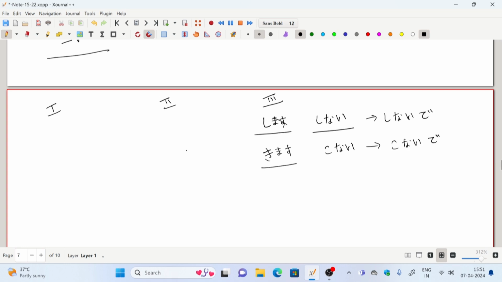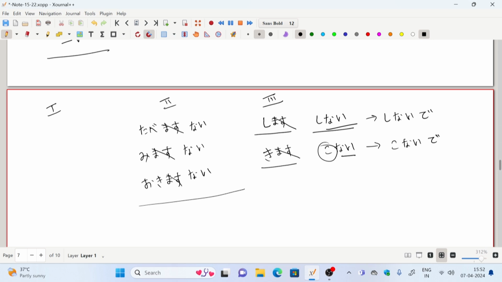So what we are doing, we are cutting masu and adding nai. Here it is special, ki will change into ko. The second group is just the same. Tabemasu, mimasu, okimasu. We'll just cut masu and add nai. It will become the nai form. And to make the te form, we'll add te with it.